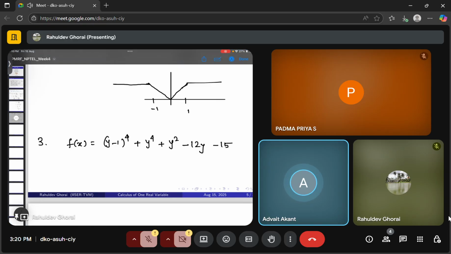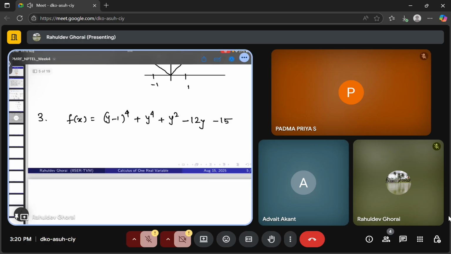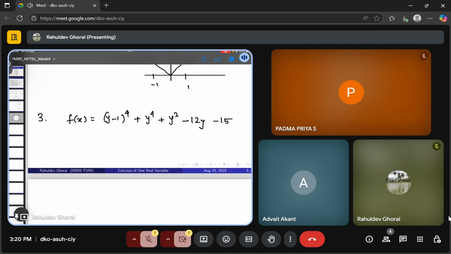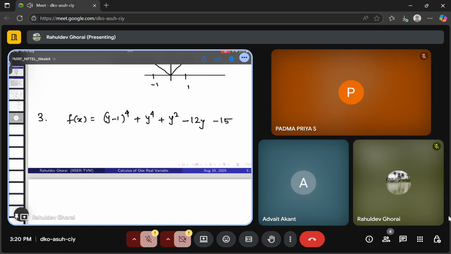Yes, it is also a convex function. How? Because f double dash y is greater than or equal to 0. Oh, you could prove that. Yes, you have proved that. Okay, so that is good.